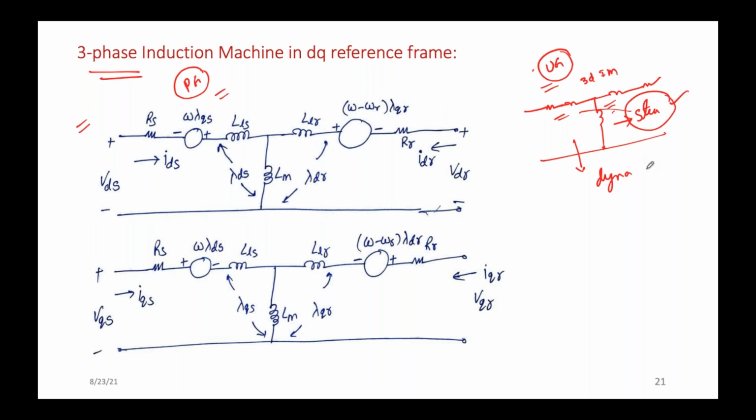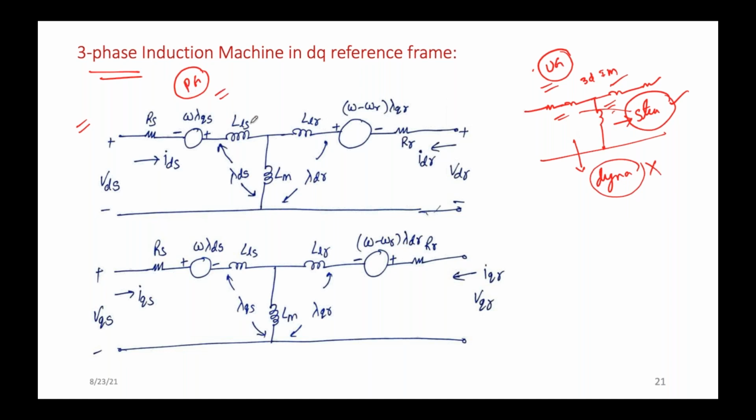Under steady state condition, what is the operating speed? What is the efficiency of the machine? How much torque will it produce? For understanding the steady state behavior, you can adopt this equivalent circuit diagram. It is not applicable for dynamic condition. That's why it is called the steady state equivalent circuit diagram.